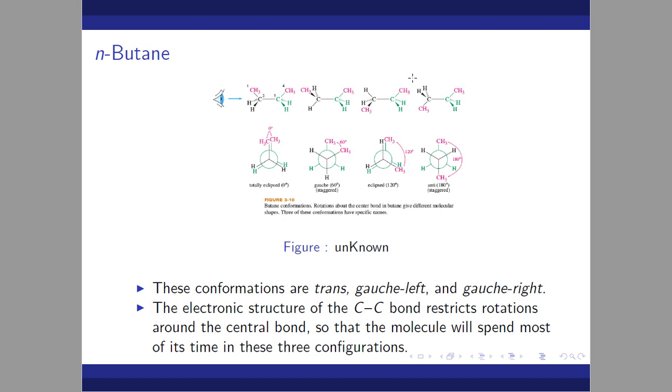macromolecule. These are examples of some simple molecule, the N-butane. We have C-C, and if we see from here, this one CH3 and this one CH3 at this side are 60 degrees different, and for this side it is 120 degrees different, and this side you can see that it's 180 degrees different.